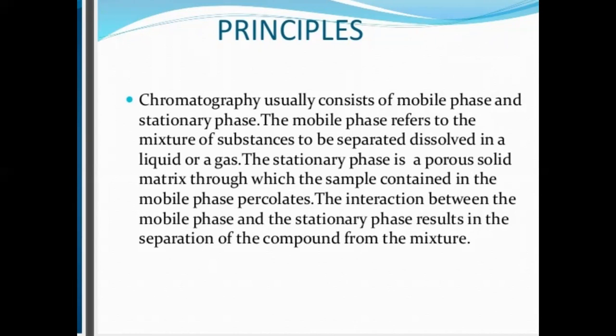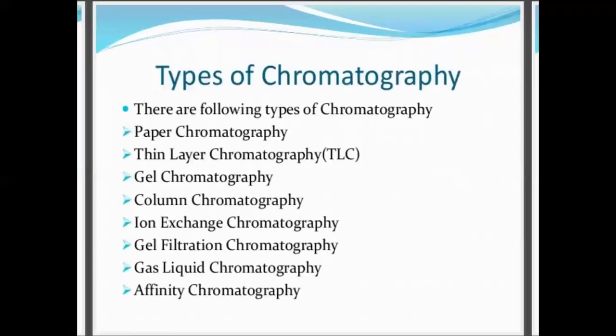For mobile phases, generally, if you mix, more separation can be done. Butanol, acetic acid, water in different ratios give a good mobile phase. Isopropanol, ammonia, and water, even this mixture gives a good mobile phase. Paper chromatography also has different types. The classification I have told you, and paper chromatography and thin layer chromatography I have given a brief introduction.